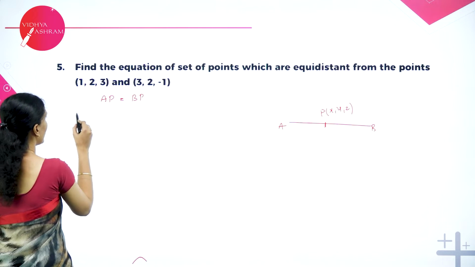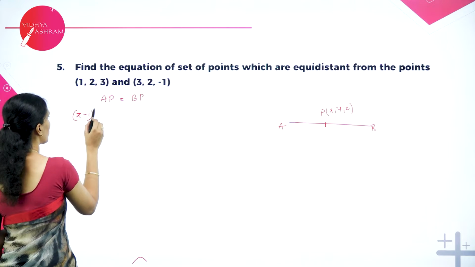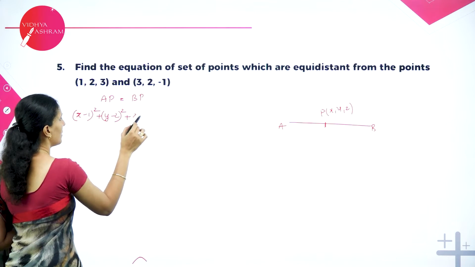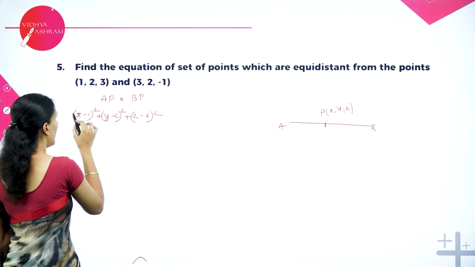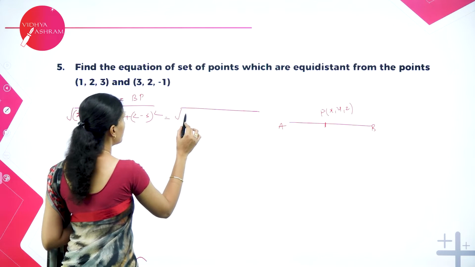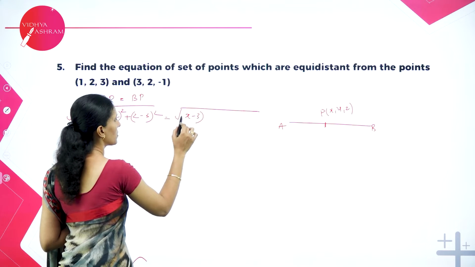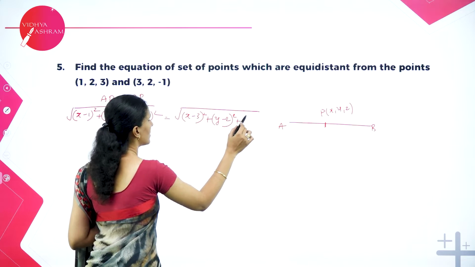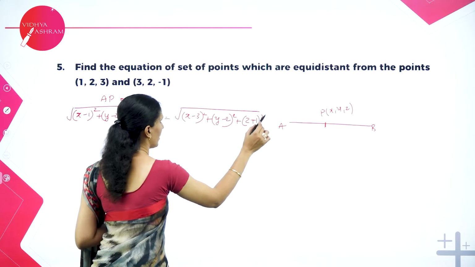So what I'll get here is the square root of (x minus 1) whole square plus (y minus 2) whole square plus (z minus 3) whole square. Similarly, here I'll get the square root of (x minus 3) whole square plus (y minus 2) whole square plus (z plus 1) whole square.